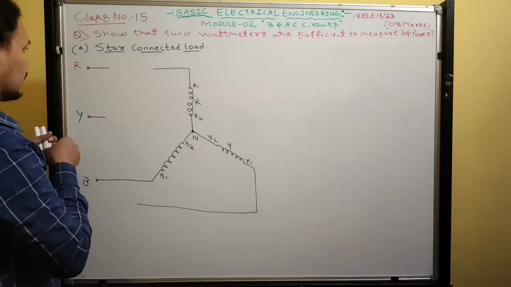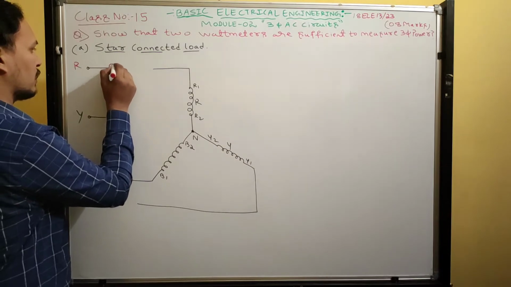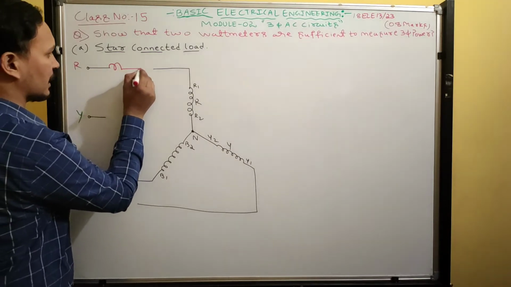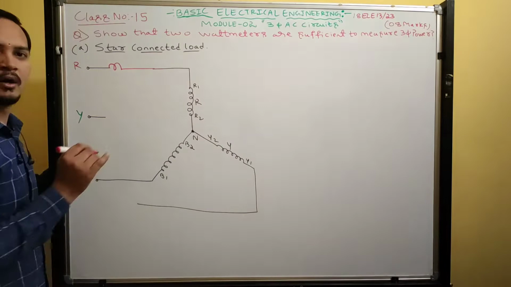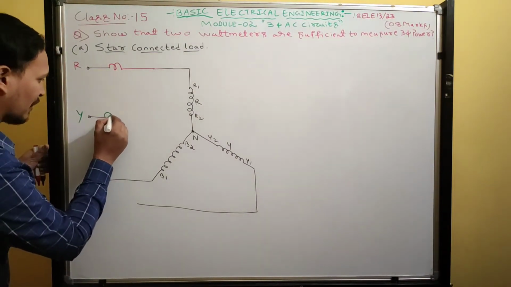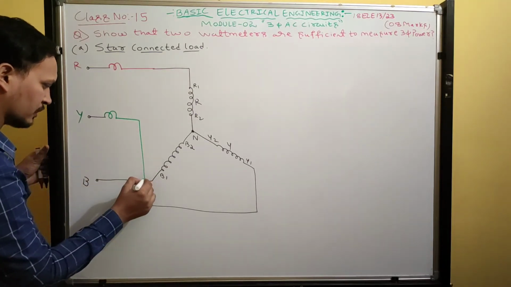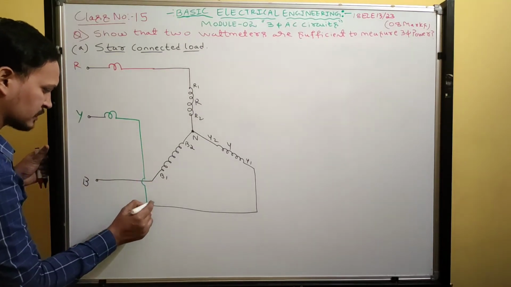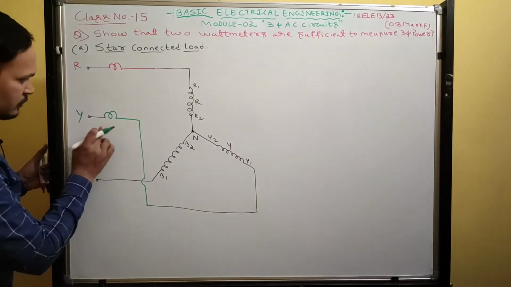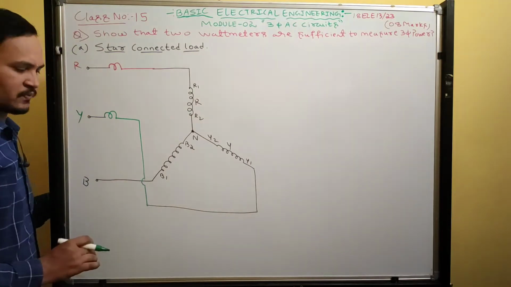Now I am connecting the wattmeter: the R line current coil is connected in series with the load. Similarly, the Y line current coil is connected in series with the load. So this W2 current coil is connected to the Y phase line.